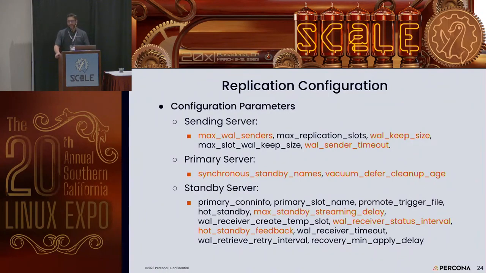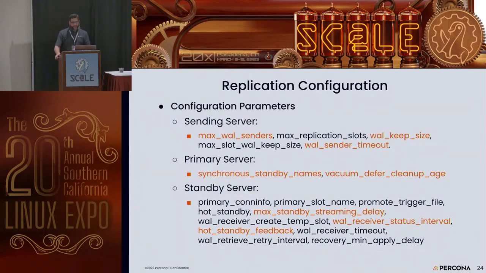The 3 different types of servers listed here: primary server and standby is pretty clear. A sending server is a server that's shipping log files onwards. That could be your primary server, which is always a sending server, but that could be a standby in a cascade replication, which is responsible for transmitting the WAL files onto another standby.